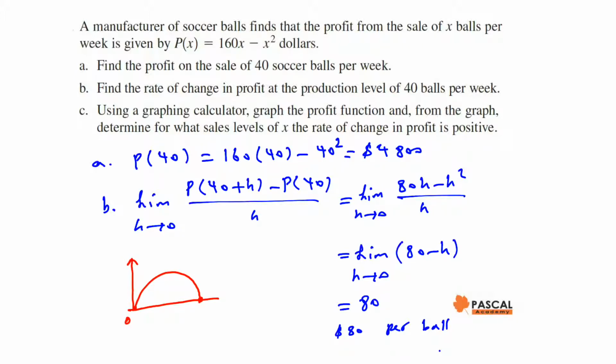When x is 0 or 160, profit is 0. The maximum of the given parabola is when x is 80 and it is 6,400.